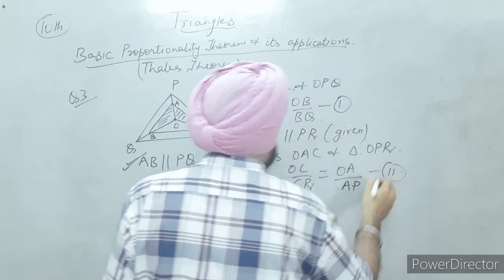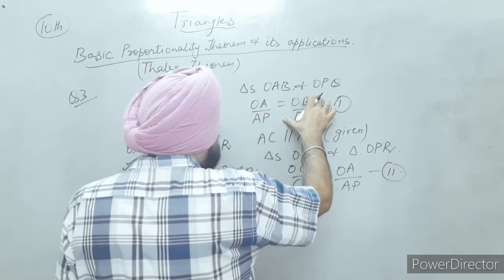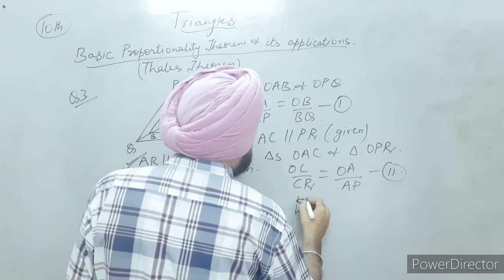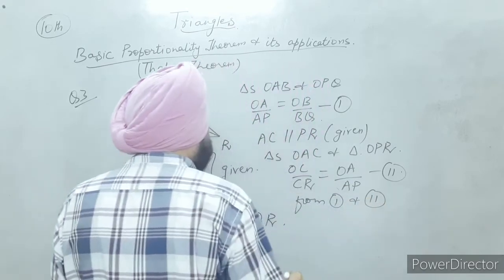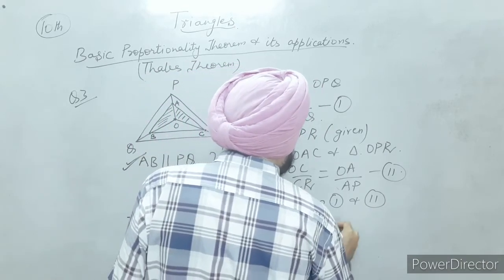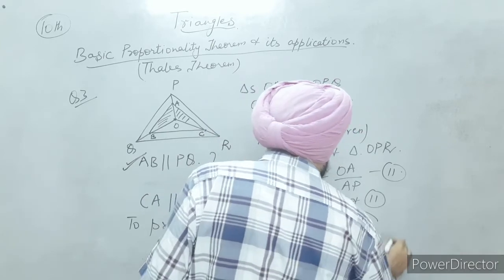This is our second equation. Now OA upon AP equals this, and OA upon AP equals this also. So from first and second, I get OB upon BQ is equal to OC upon CR.